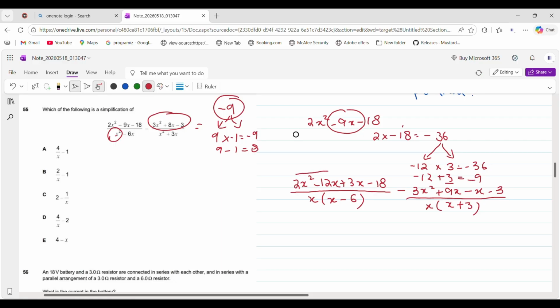From these two terms, what I can see common is 2x, right? Then what is left from the first term is only x, minus 6. And from these two terms, plus 3 is common, right? So x is left, minus 6.